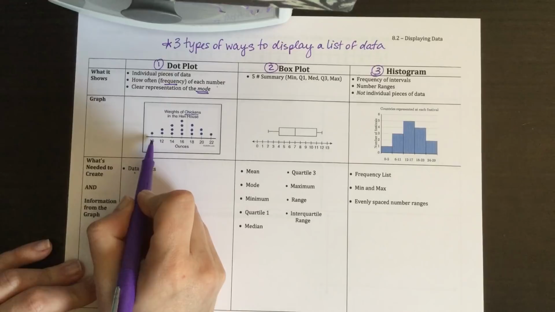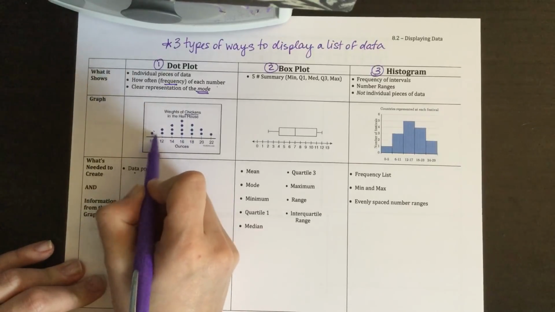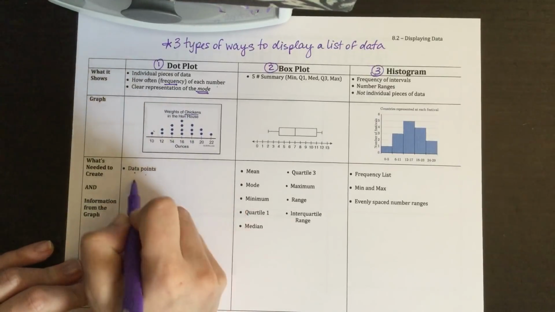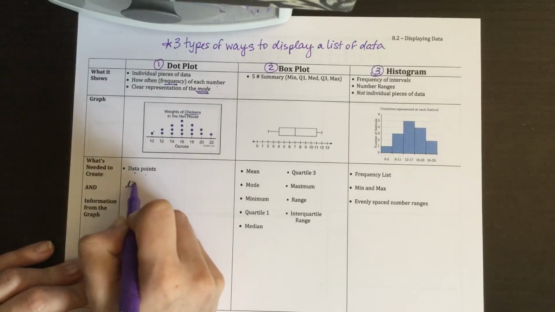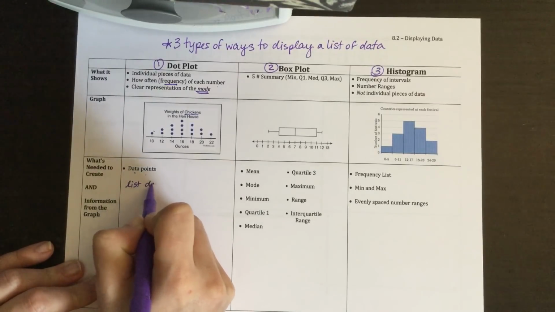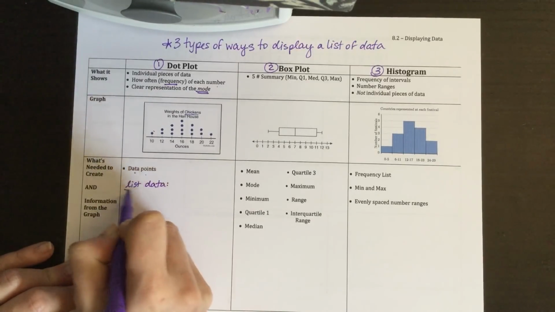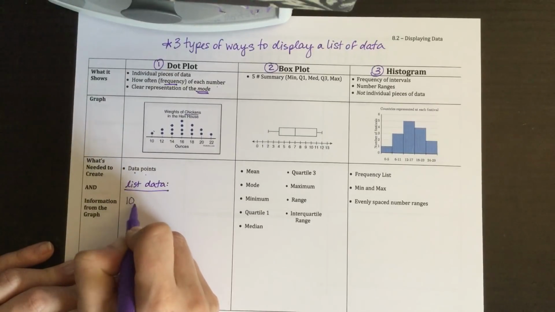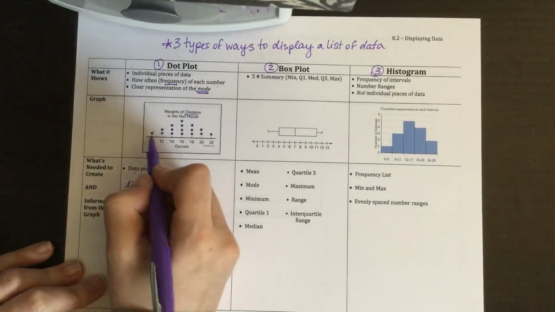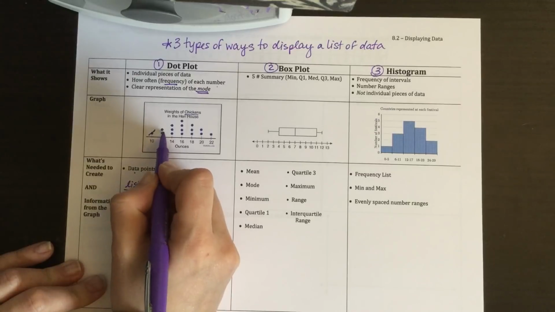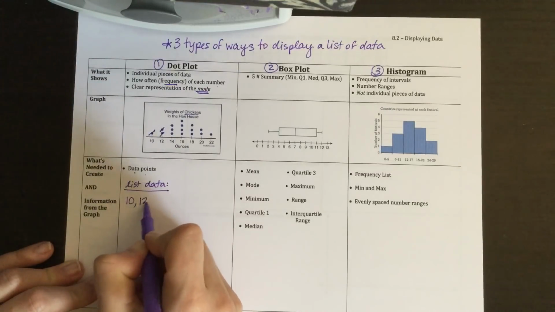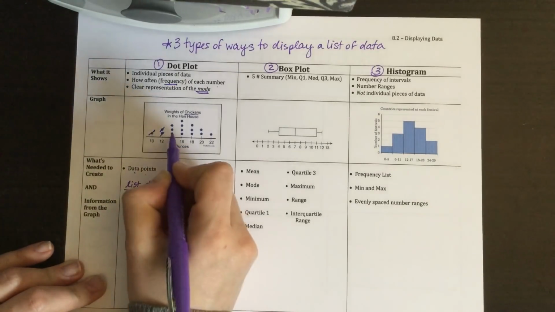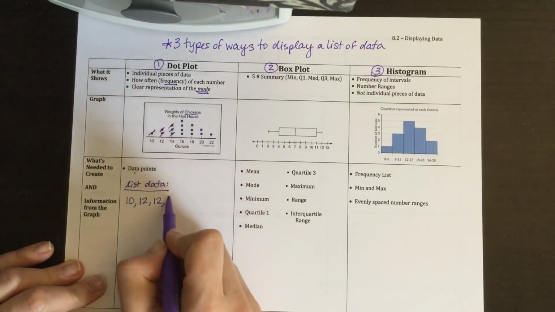So 10, there is only 1 chicken that weighs 10 ounces. So we can list our data. Okay, so we've got 1 chicken that's 10. We've got 2 chickens that are 12 ounces. We've got 3 chickens that are 14.